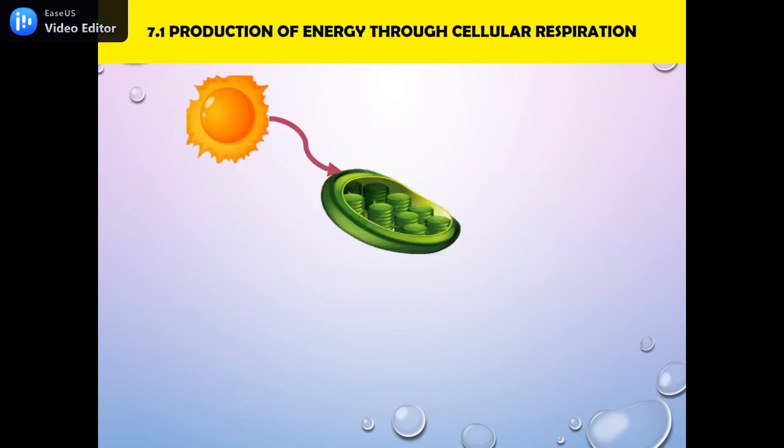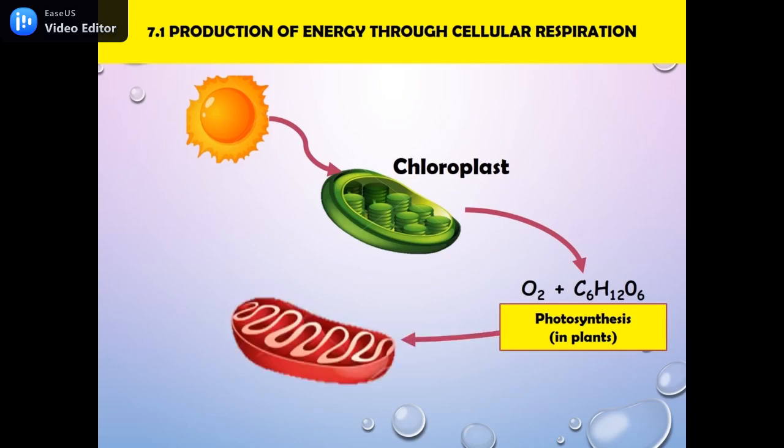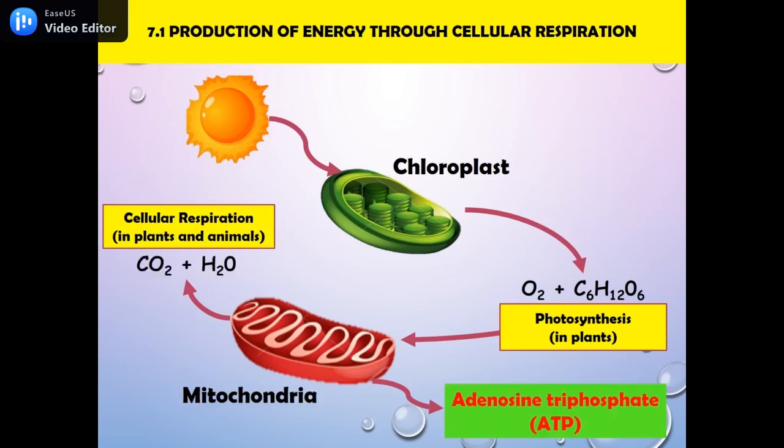Sunlight absorbed by chloroplasts undergoes photosynthesis, releasing oxygen and glucose as the product. The glucose goes to mitochondria, releasing adenosine triphosphate, ATP, and in cellular respiration releases carbon dioxide and water vapor, and the process is continuous.